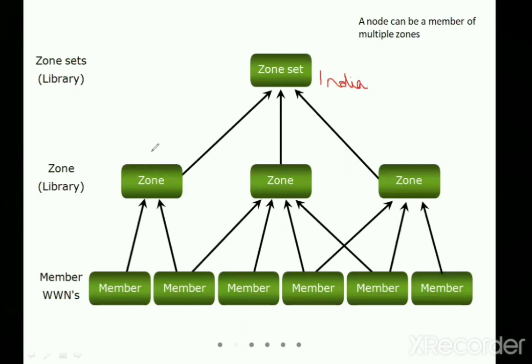Let me take here Karnataka, and it is connected to the next one, Maharashtra, and then Kerala. Karnataka has different cities in it. When I say this as a city, this is another city.